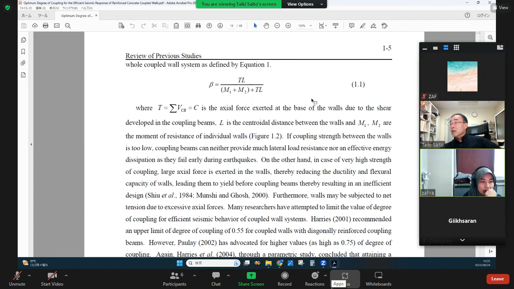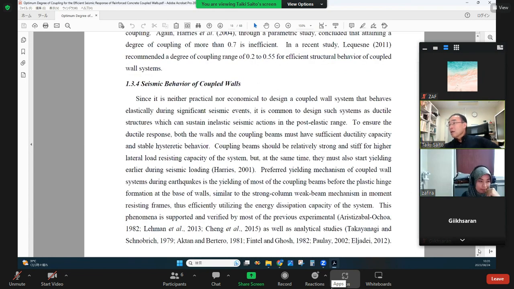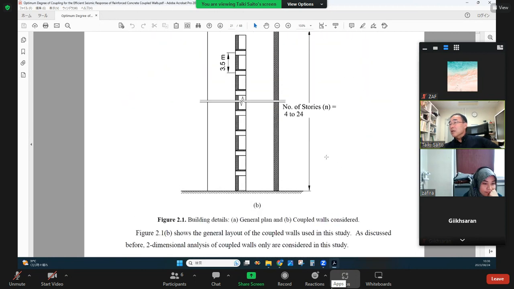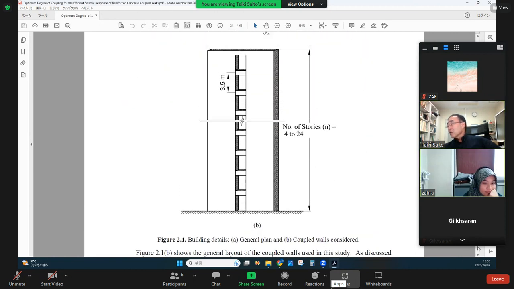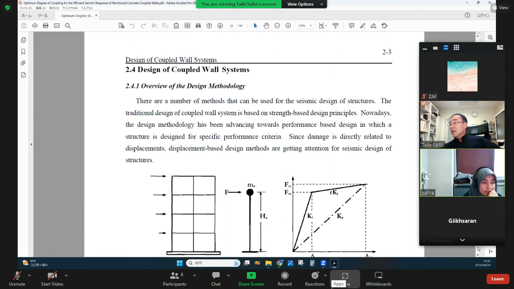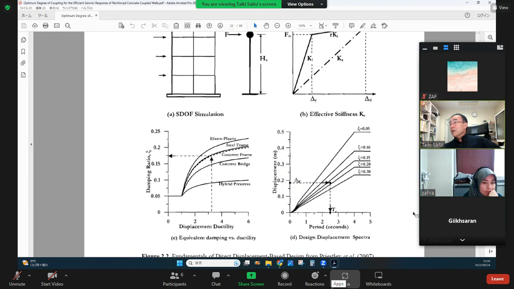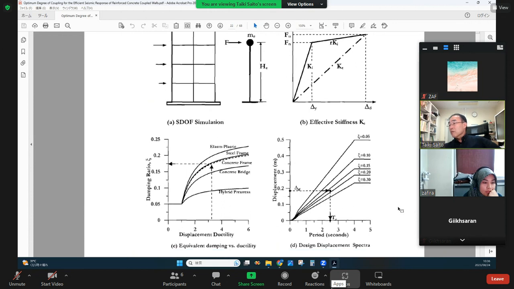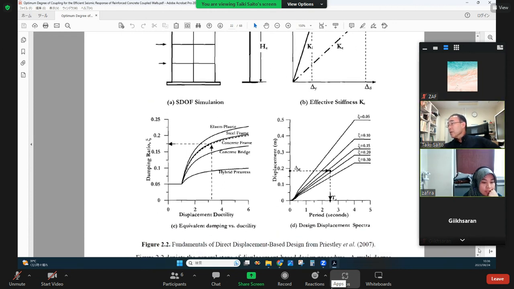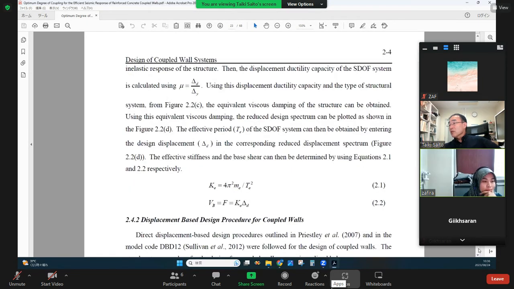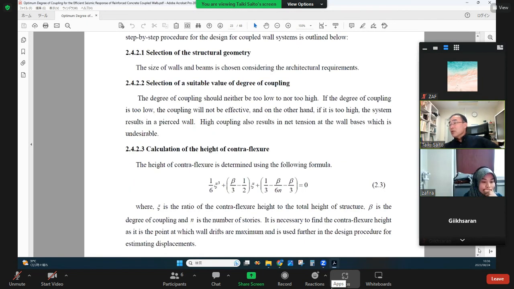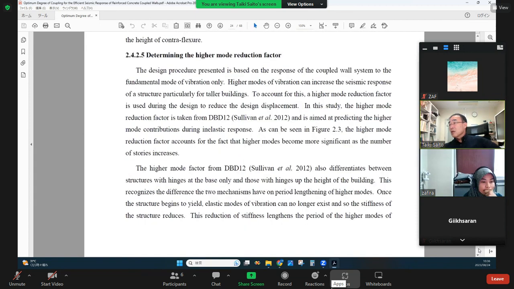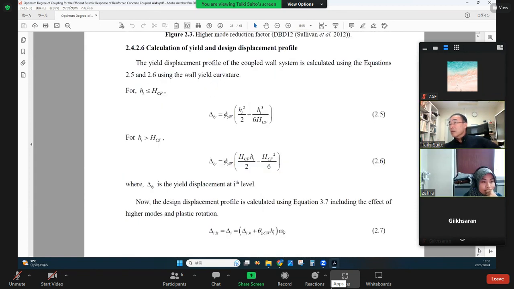He also studied some models, and he also applied displacement-based design. This is a picture from Bristol, right? So they are doing almost the same procedure, but he doesn't use a damper.